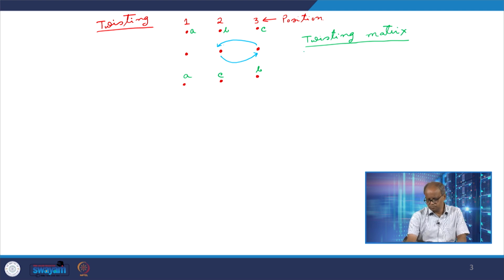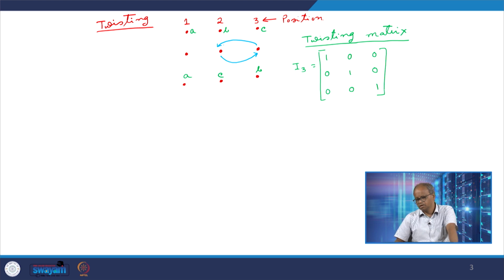Suppose I take I3, that is the 3 cross 3 identity matrix. From this 3 cross 3 identity matrix we find the twisting matrix corresponding to interchanging of conductors in positions 2 and 3, by interchanging the second and third columns.